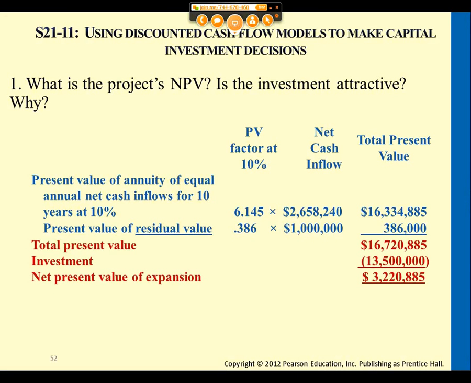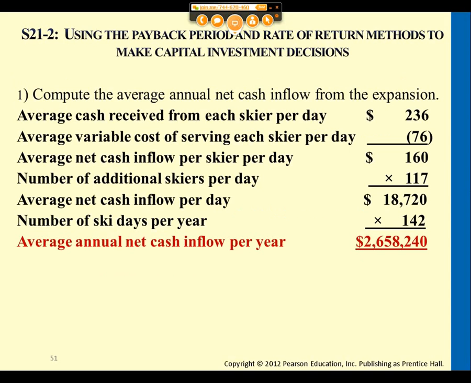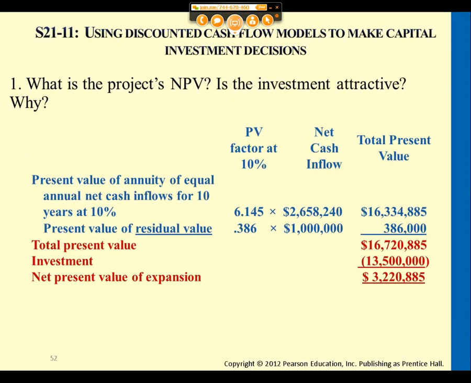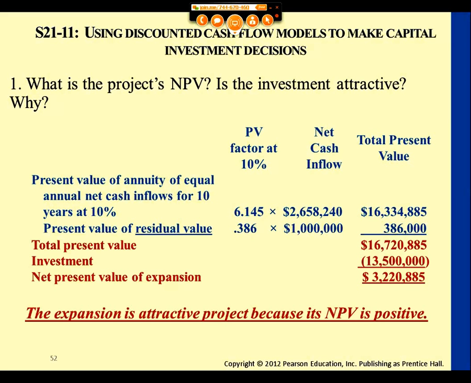So how do I find the first one? We just went over this. To find my NPV, inflow multiplied by PV factor, I subtract my initial investment, and that's how I get my net present value.